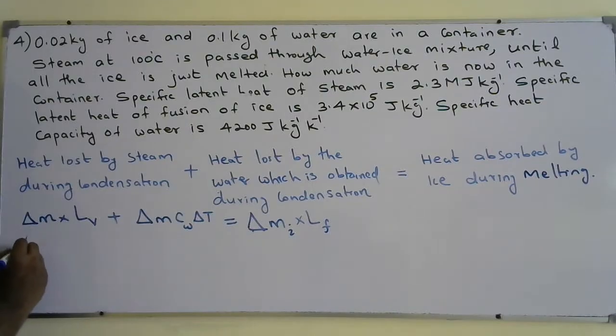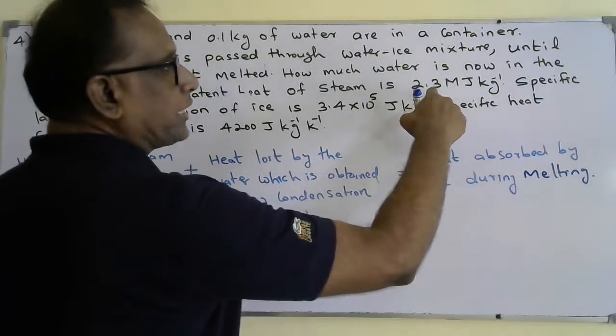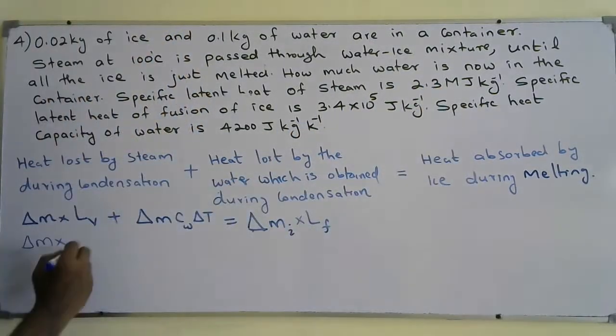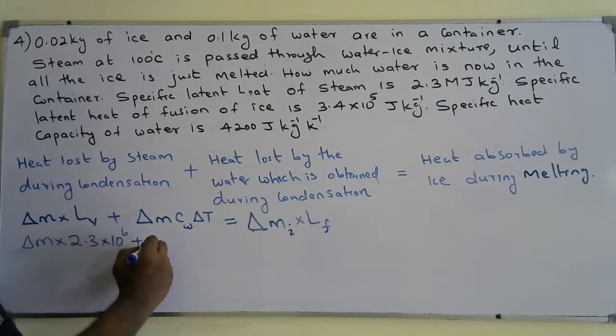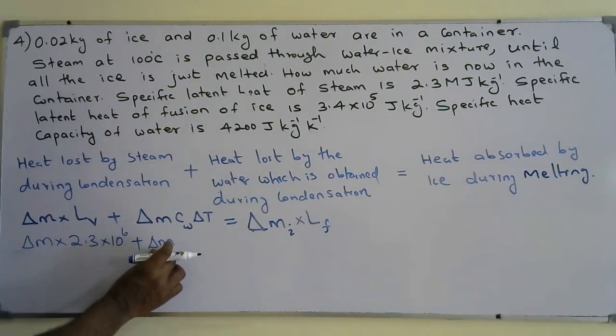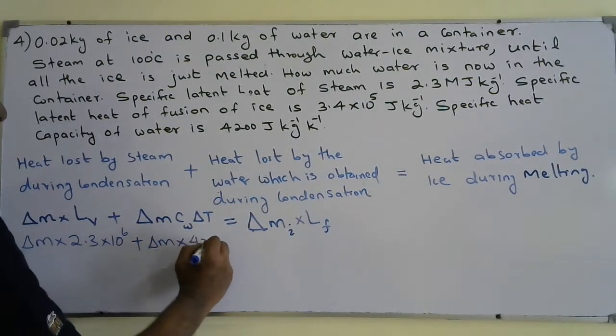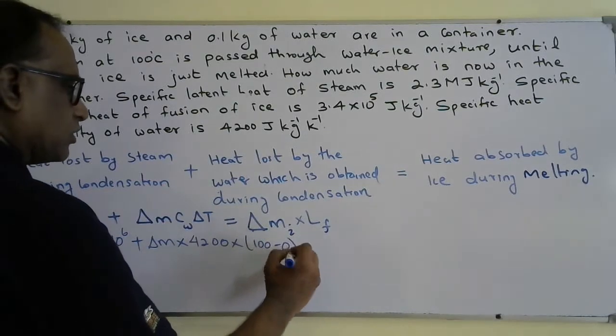That is delta M into the latent heat of vaporization, given here as 2.3. Earlier we used 2.25. Anyway, 2.3 megajoule, 2.3 times 10 to the power 6, plus delta M, the same water which is obtained during condensation, times 4200 into delta T, 100 minus 0.